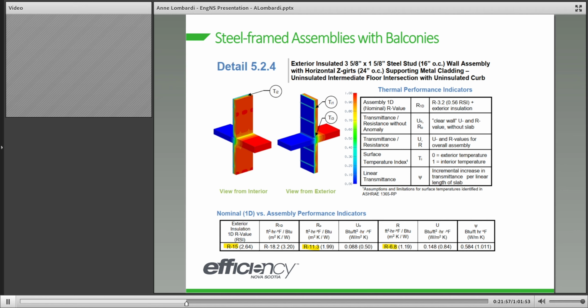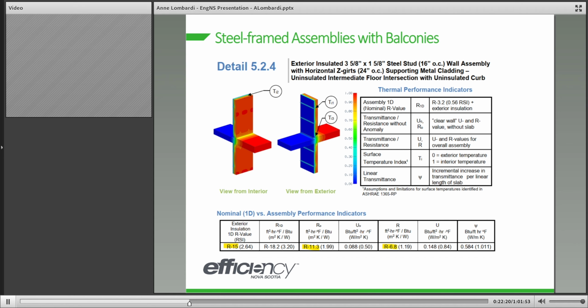It has an intermediate floor intersection, uninsulated floor. The R value of the exterior insulation starts at R15. So already this would not be compliant in our zone because our zone is R23, but let's just start with this R15 number.